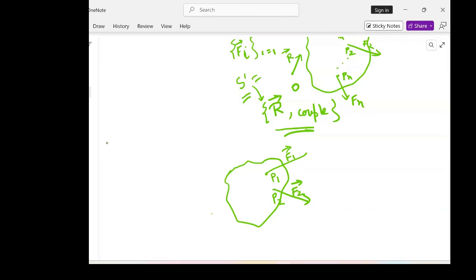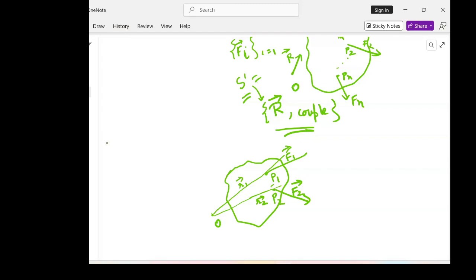This will be the base point O. Once you fix the base point, you are fixing the position of P1 with respect to O. That means you get a position vector of P1, let it be R1. Similarly, for P2 you get a position vector of P2 with respect to O.